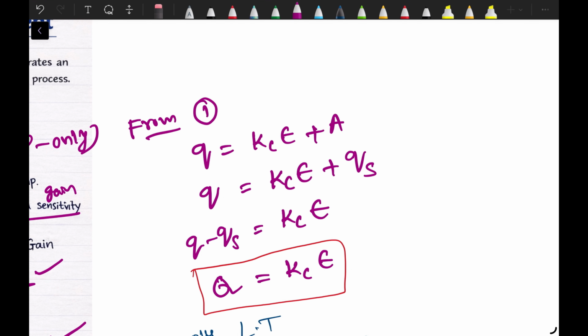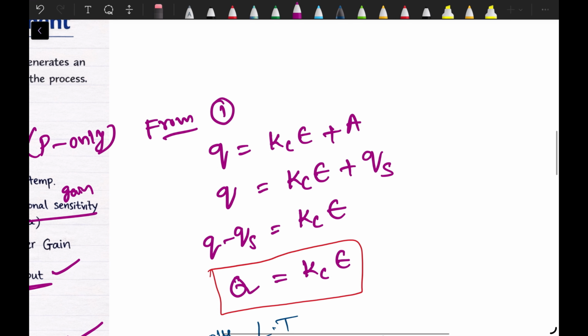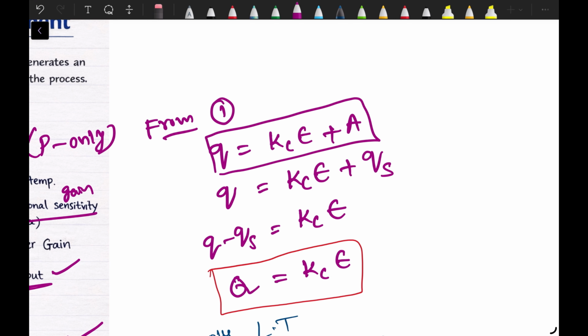Let's start from equation 1: Q is equal to Kc into epsilon plus A. Subtracting the steady state equation, Qs is equal to A, so A equals Qs. Now Q minus Qs is equal to Kc into epsilon, or Kc into error.